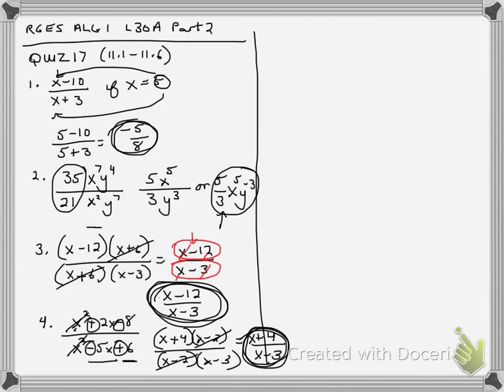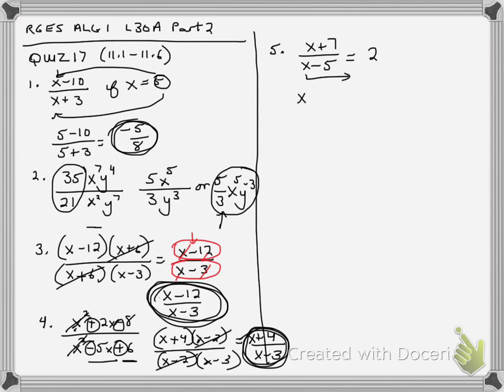Okay, number 5. It says find x if I'm giving you this. Well, how do I find x? Well, I'm going to solve for the numerator by multiplying both sides by the denominator, right?